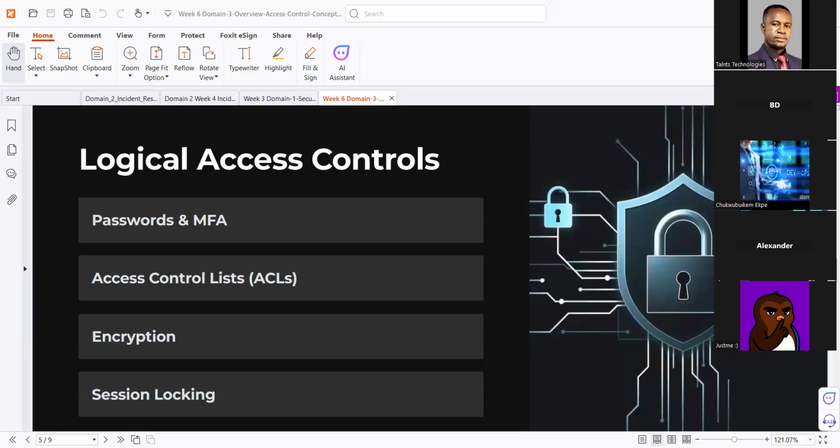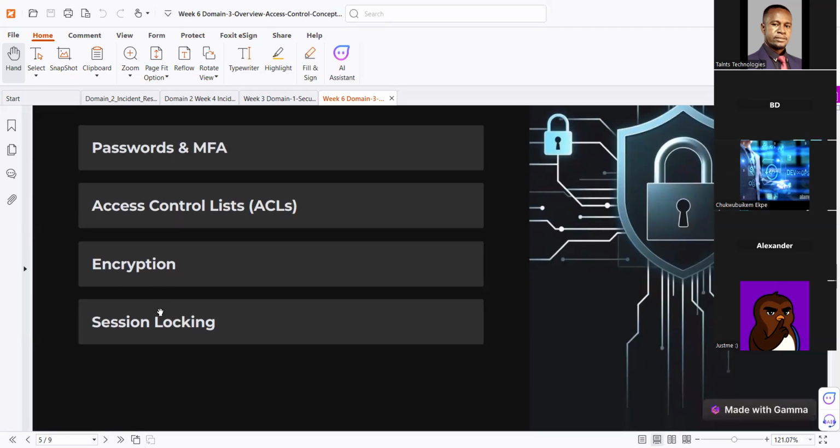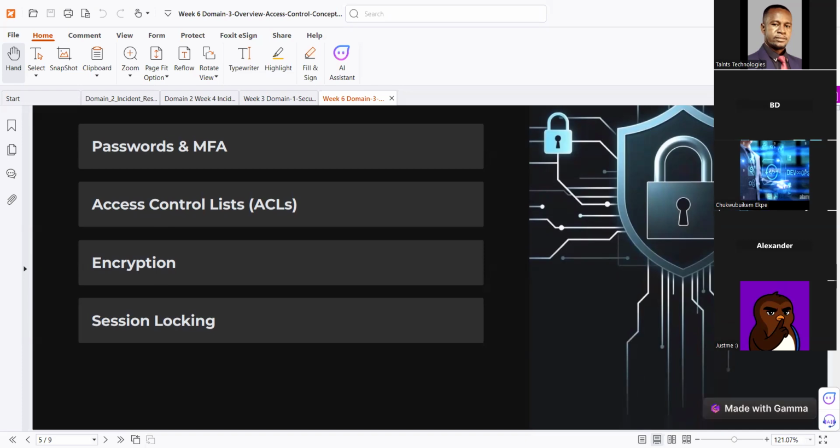Now let's look at encryption. Some people used to mistake it for decryption. Of course, we used to hear that data has been encrypted and you need to decrypt it.